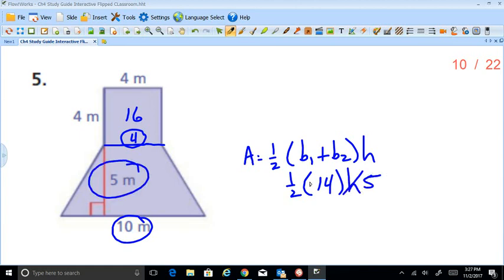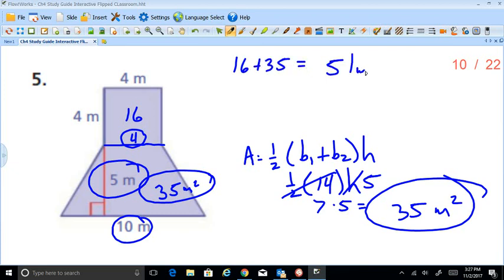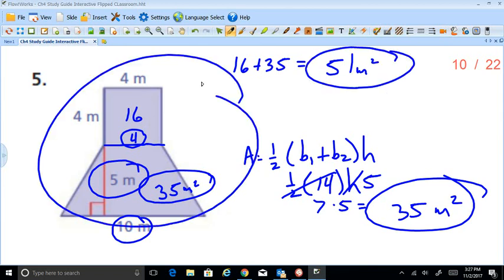Half of 14 is 7. 7 times 5 gives us 35 square meters for the trapezoid part. Now I need to add it to my square part, so 16 plus 35 equals 51 square meters. That actually is the correct total answer for the whole composite figure.